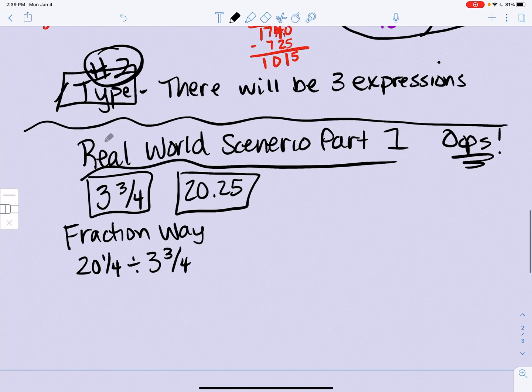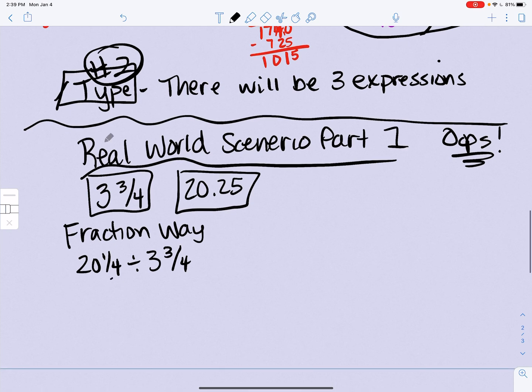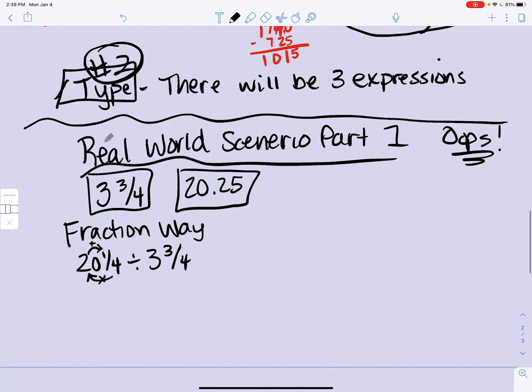Now, can we do that? No, we need to make them improper fractions first. And that means that you're going to do the times going this way and then add. So 20 times 4 is 80 plus the 1. So it's 81/4 divided by, and again, I've got to do the same thing.